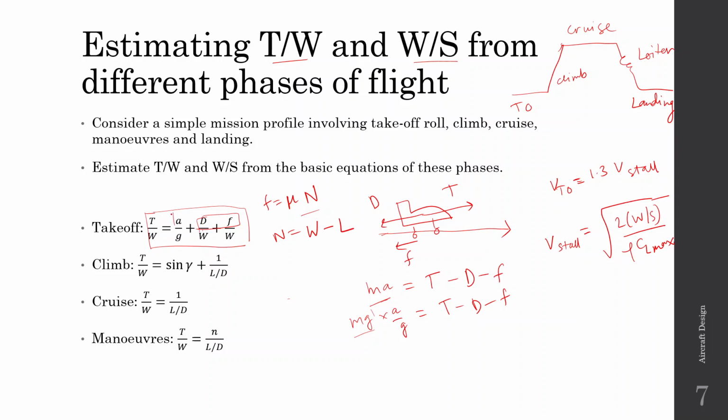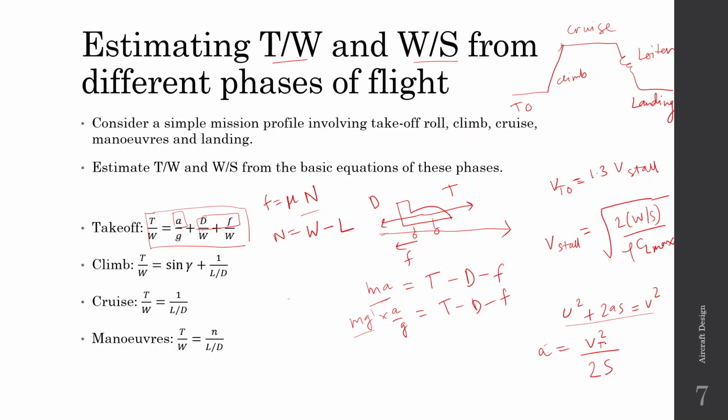Now for the acceleration, how much acceleration will you need to perform the takeoff? That also you can estimate from this equation. Over here the initial velocity is 0, so the acceleration is equal to v square by 2s.